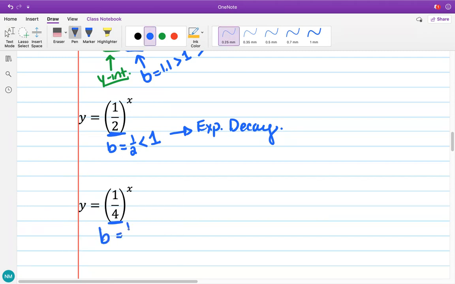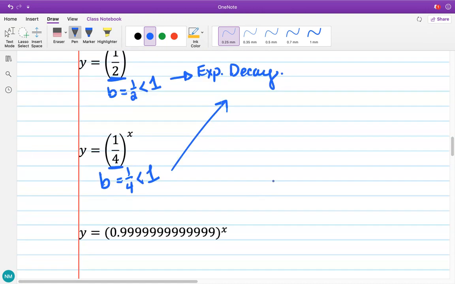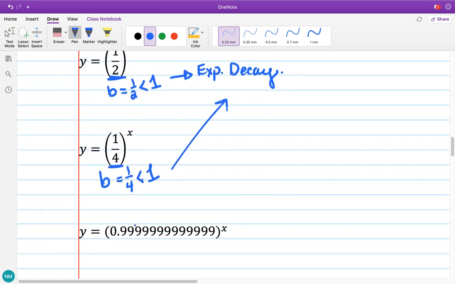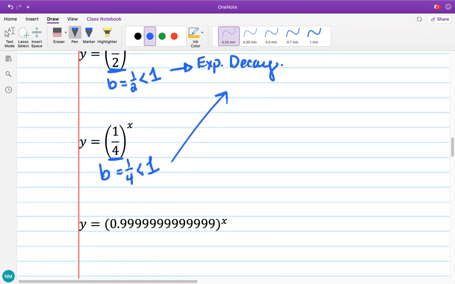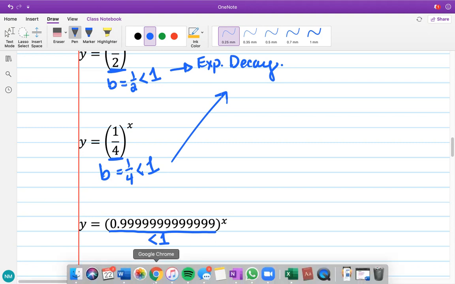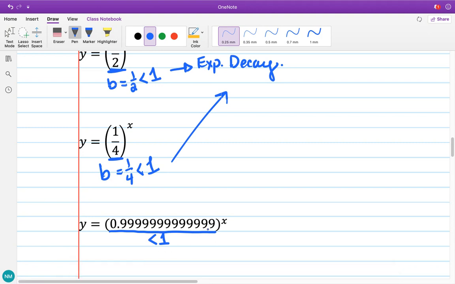So b is equal to 1/4, which is less than 1, and so it is exponential decay. What about this one? y equals 0.9999999. This right here is still less than 1. Even though it's so close to 1, it is still exponential decay.